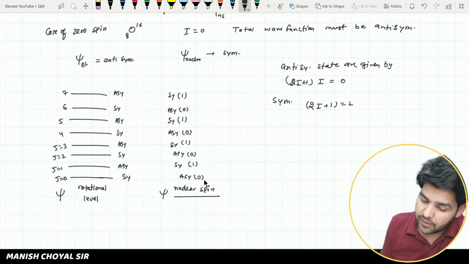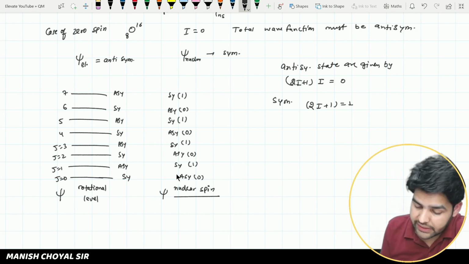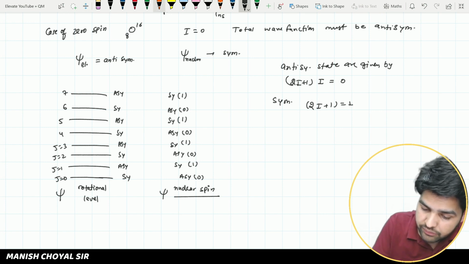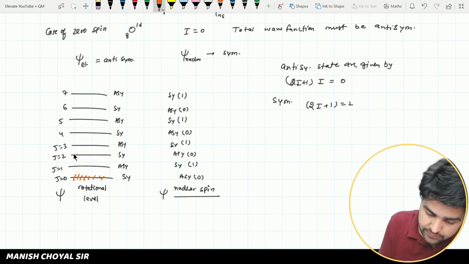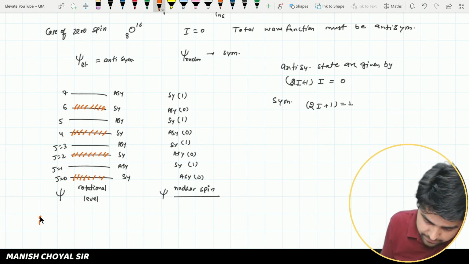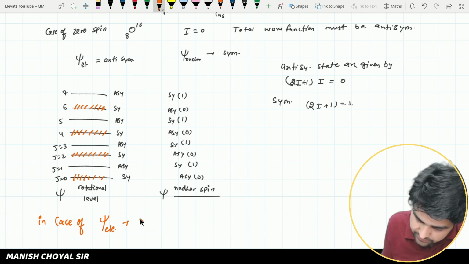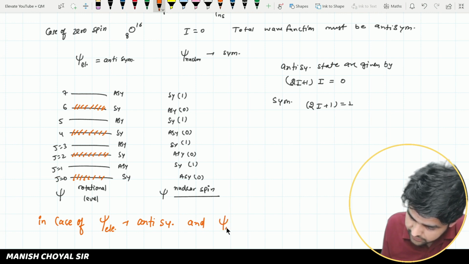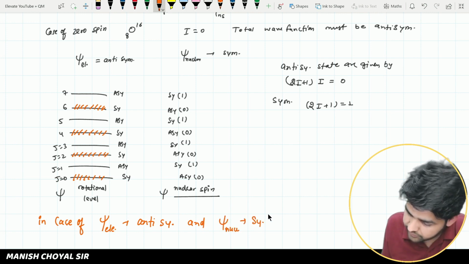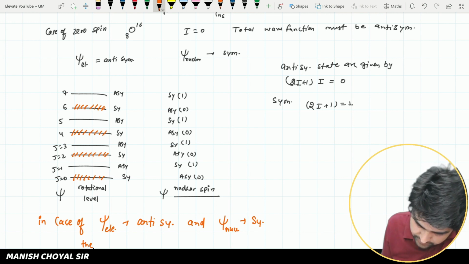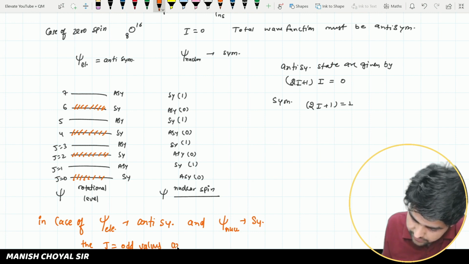In that case, the antisymmetric states are not available; these states are absent. So when psi electronic is antisymmetric and psi nucleus is symmetric, the odd values of J are present.